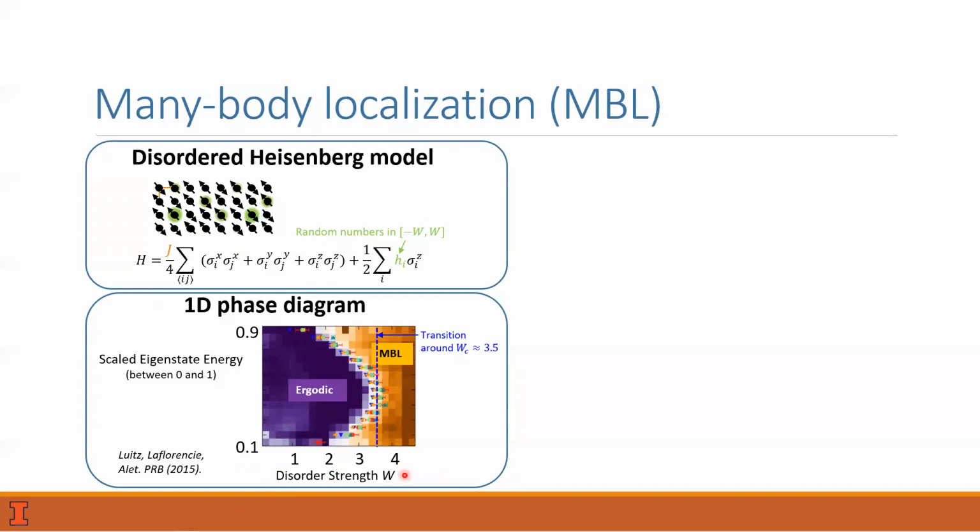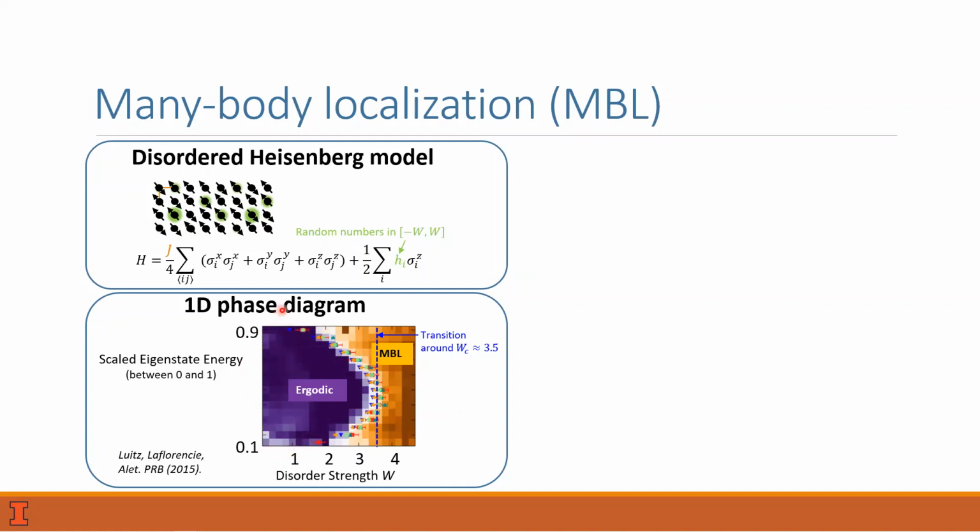On the x-axis is the disorder strength, W, and the y-axis is the energy of the eigenstates scaled between 0 and 1. 0 is the ground state, 1 is the highest excited state, and 1/2 is in the middle of the spectrum. They used various quantities to measure whether an eigenstate looked thermal or ergodic, or whether it looked many-body localized, and they colored this plot accordingly.